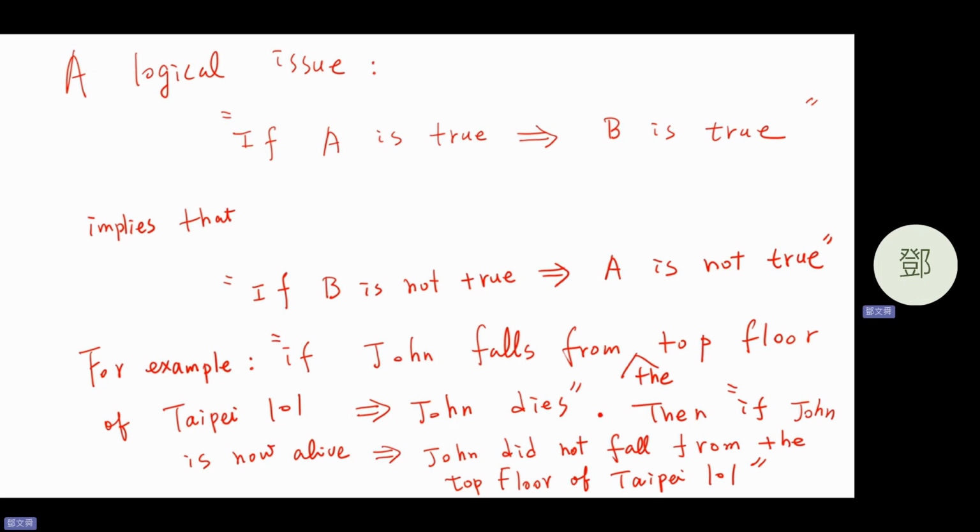Example: if John falls from the top floor of Taipei 101, you know Taipei 101? You know what happens when a man falls from the top floor? He must die, right?